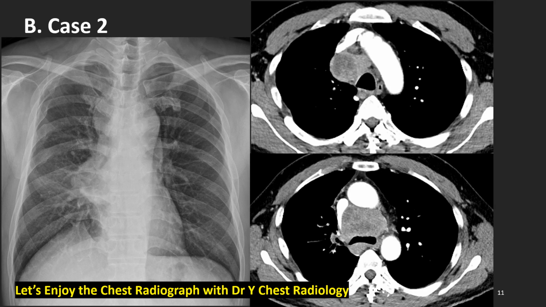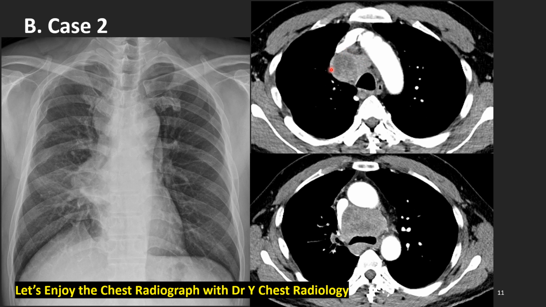Let's see two axial contrast enhanced CT images. This is the aortic arch, brachiocephalic vein level. So this is 2R lymphadenopathy, a large mass of lymph node metastasis or lymph node mass.